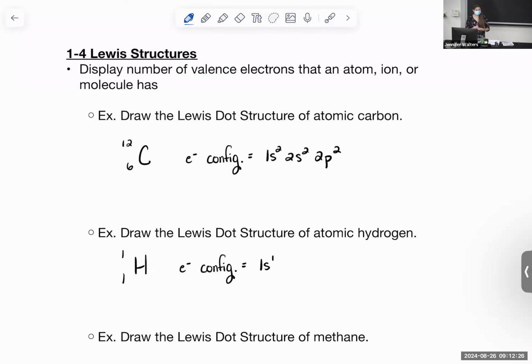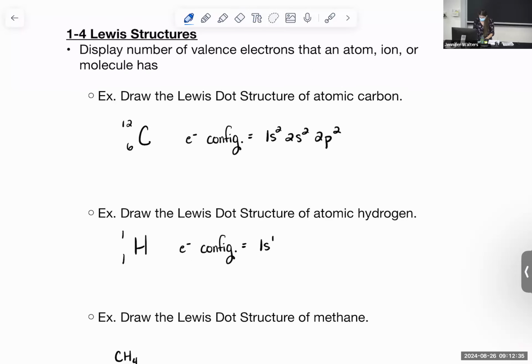Lewis structures display the valence electrons for an atom, ion, or molecule. If we're going to draw the Lewis dot structure for carbon, carbon has 4 valence electrons, so we draw carbon with 4 dots all around it. Remember that the valence electrons are the outermost electrons, where the n value, the energy level, is the greatest number.